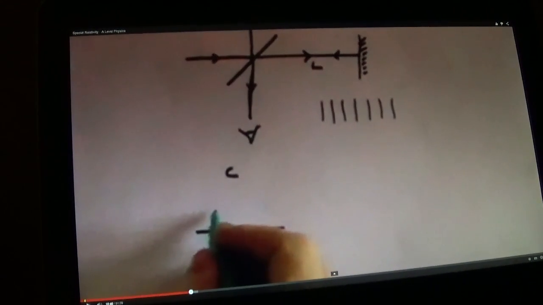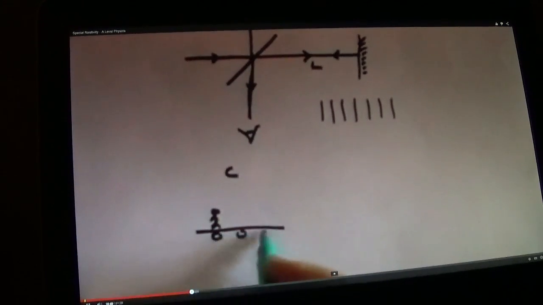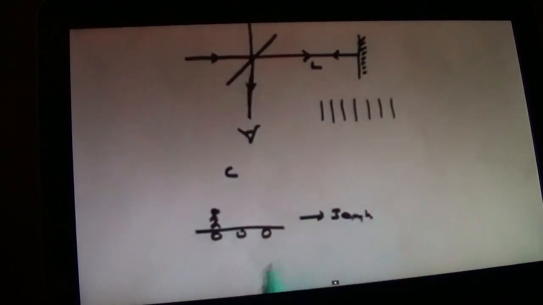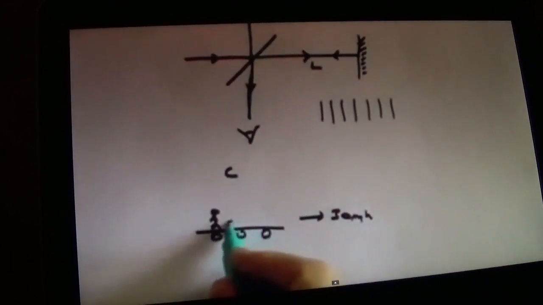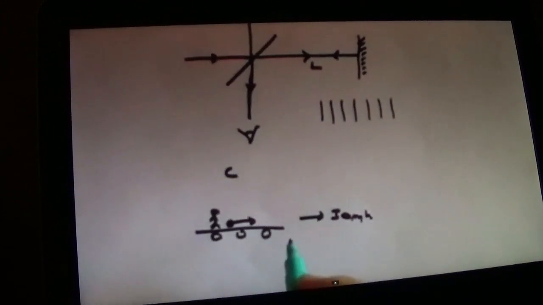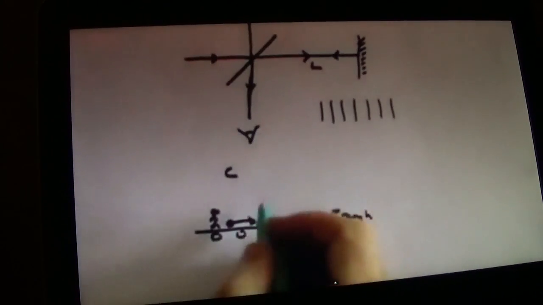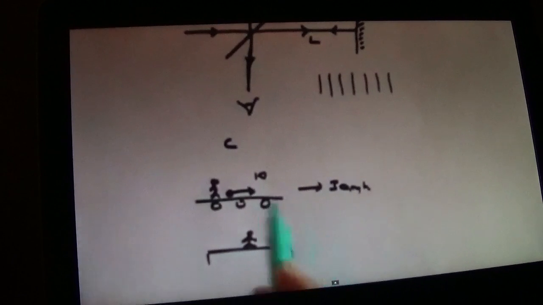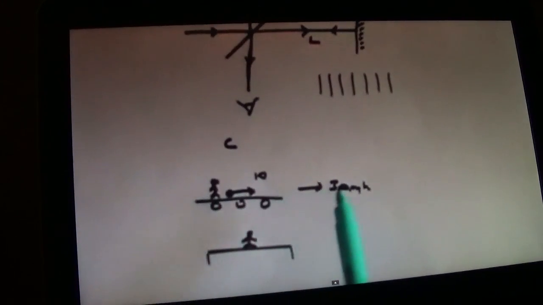So, picking it up. There you are. And the train is travelling in this direction at 30 miles an hour. And you have a small ball which you roll along the corridor of the train, in the direction that the train is moving, at 10 miles an hour. What does an observer, that's me, standing on the platform, observe as the train goes by?